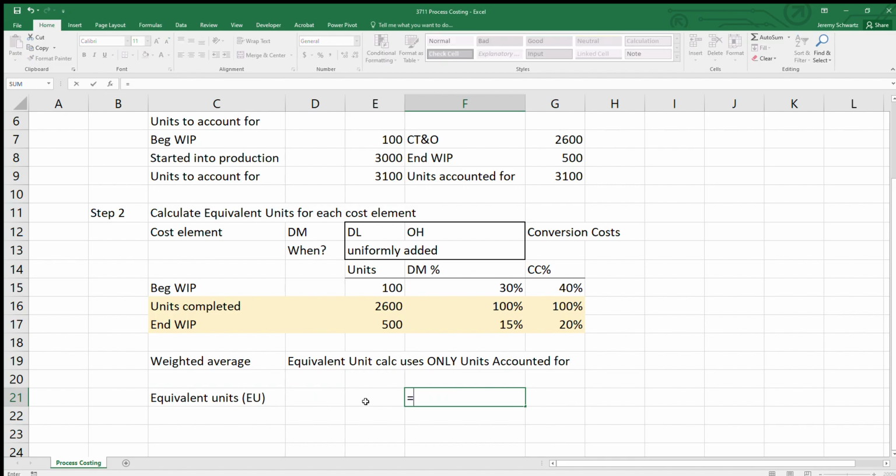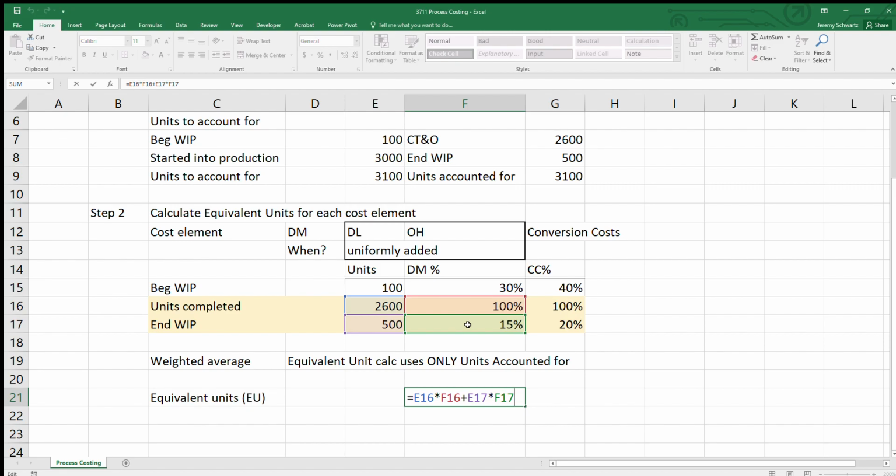What we would do is take each unit and multiply that by the relative state of completion. So the 2600 multiplied by the 100% plus the 500 in ending inventory multiplied by the 15%. And then we would end up with 2675. Hitting F2, we can open that back up, so we see that this is the number of equivalent units under the weighted average approach.